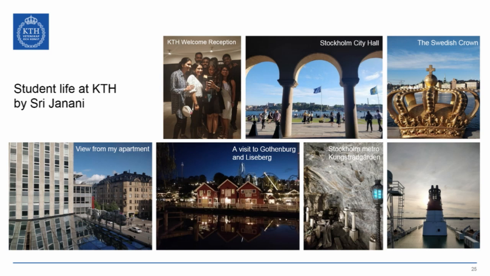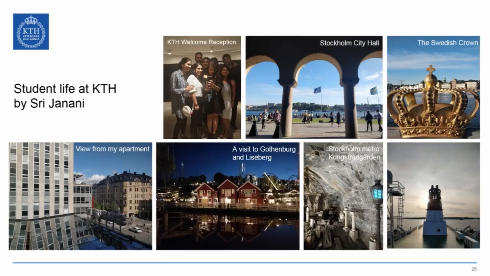So you feel really good. After that we have a lot of receptions planned by the student union as well as the KTH school. These events are the places where you can make a lot of new friends whom you're going to bond over for the next 2 years of your master's program here at KTH.